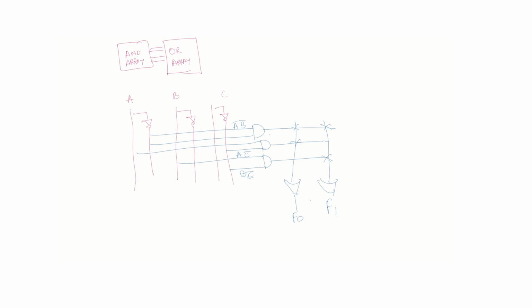So you write M0, M1, M2, M3, M4, M5, M6 and M7. These are all the minterms that you can realize.